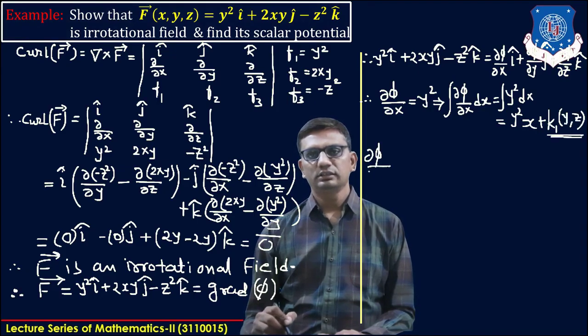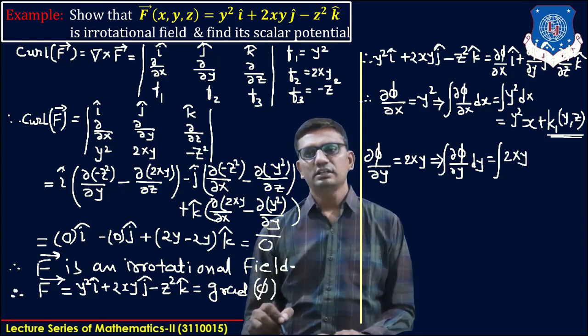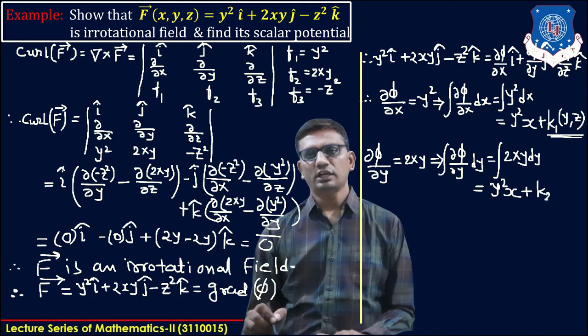Now del phi by del y equals 2xy. That implies integration of del phi by del y with respect to y equals integration of 2xy dy. After integrating properly, we get y square x plus an arbitrary constant function k2 of x and z.